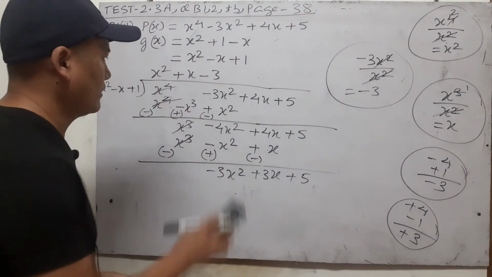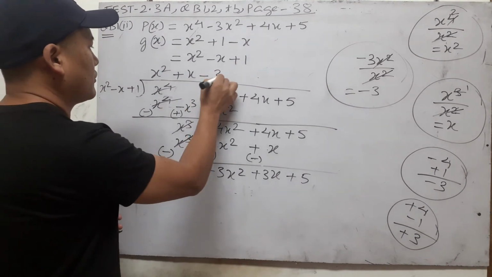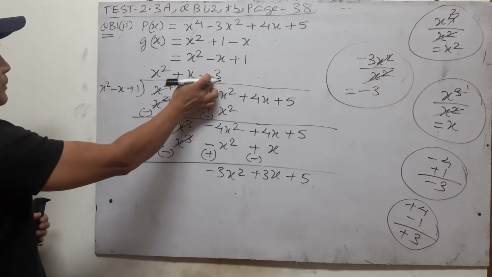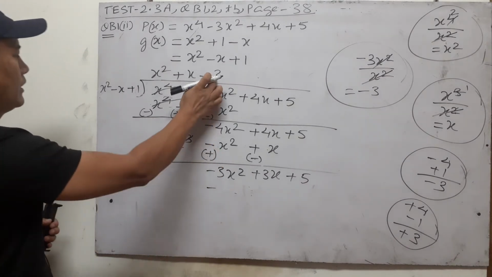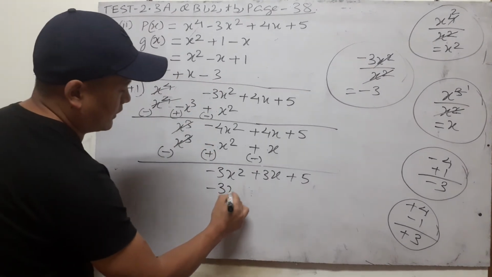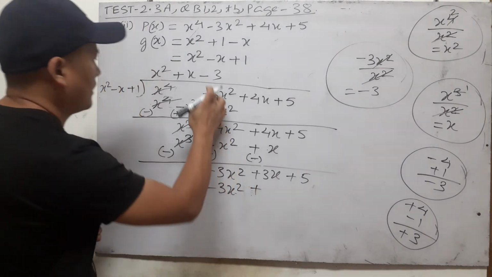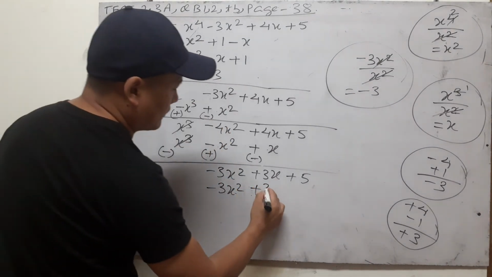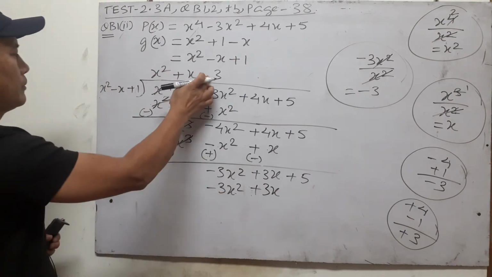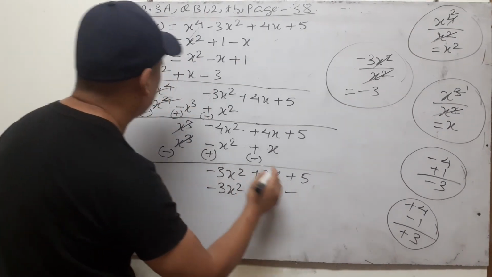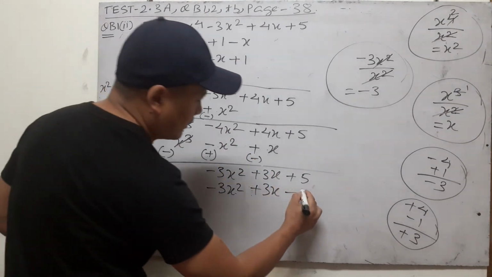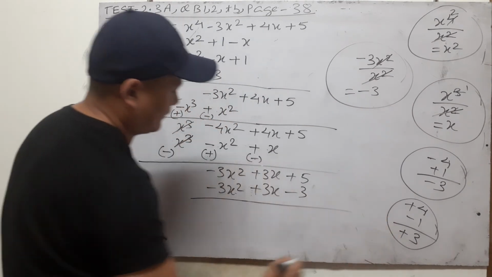Let this minus 3 multiply all three terms in the divisor. Minus into plus, minus 3 into x squared, is minus 3x squared. Minus into minus is plus 3 into x, 3x. Minus into plus is minus, 3 ones are 3. Put a line.